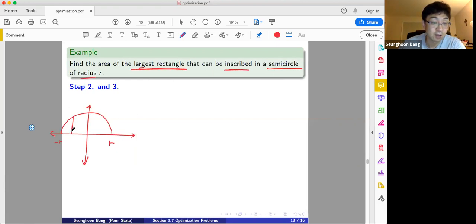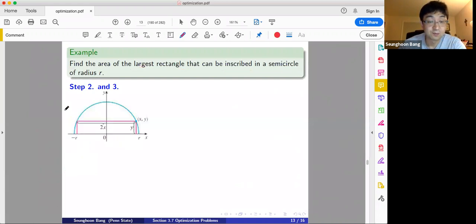So we have this one like this. This point is (x, y). We can find this area, call it A.